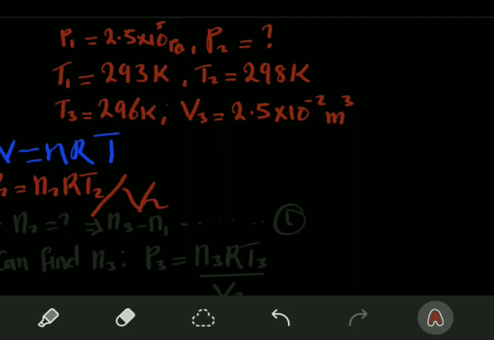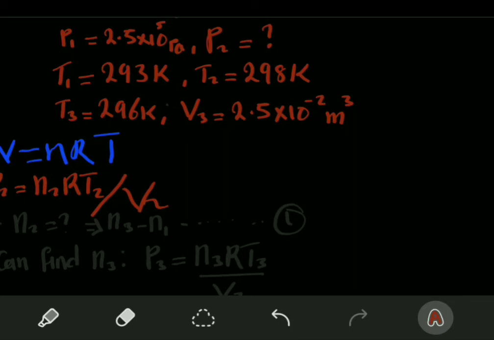But notice that in this formula for P2, we have two unknowns. We don't know what N2 is, so we cannot find P2 unless we know what N2 is.